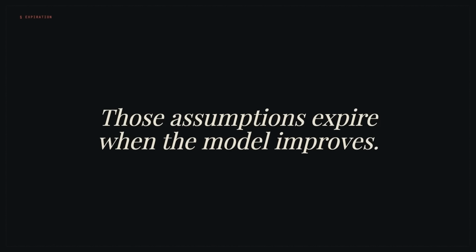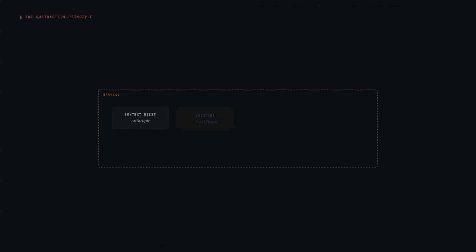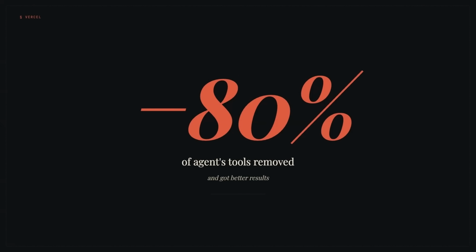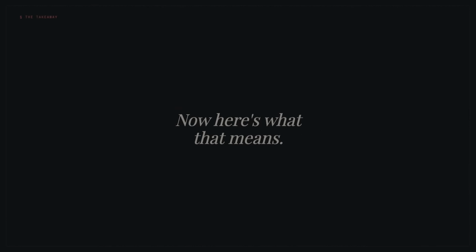When Opus 4.6 stopped needing context resets, Anthropic just dropped them entirely. Manus, the agent platform, rewrote their harness 5 times in 6 months. Vercel removed 80% of the agent's tools and got better results. That is pretty significant. So now, here is what it means.